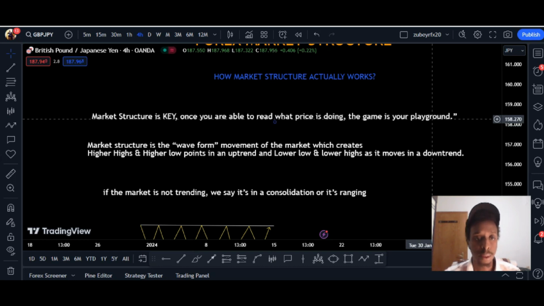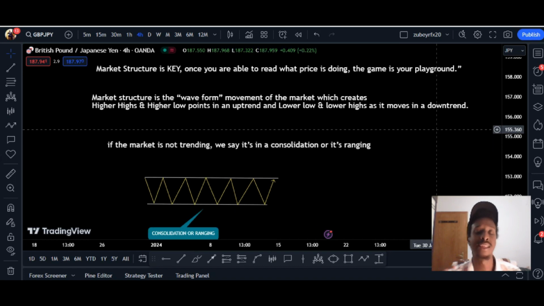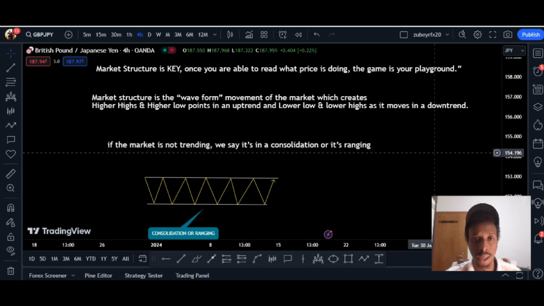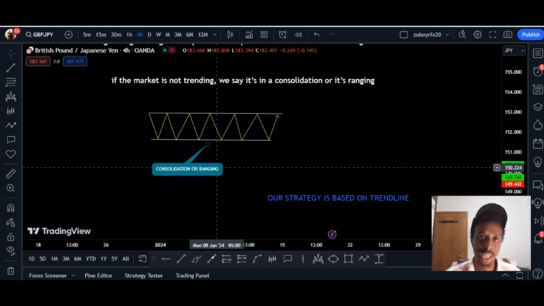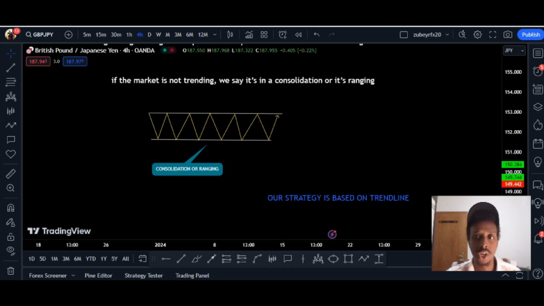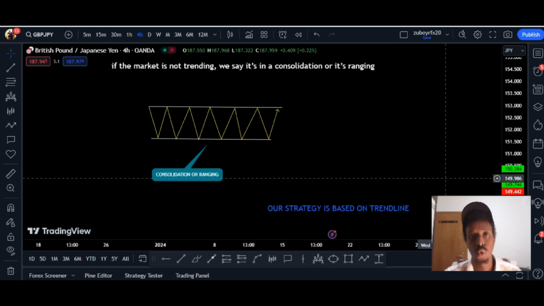If the market is not trending, we say it is in consolidation or ranging. This is an example of how consolidation or ranging looks, and I will show you in real practice.